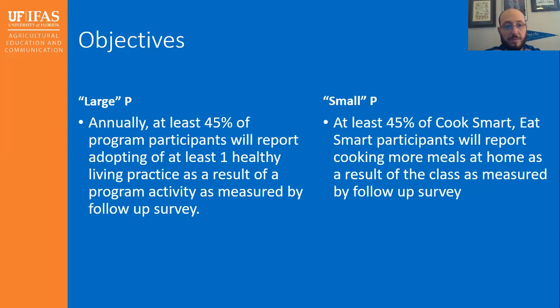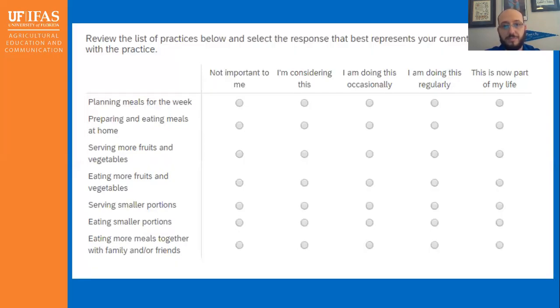Here's this one, report adopting at least one healthy living practice as a result of a generic program activity, and that changes to Cook Smart, Eat Smart participants will report cooking more meals at home as a result of the class. So my Cook Smart, Eat Smart folks will remember this item.